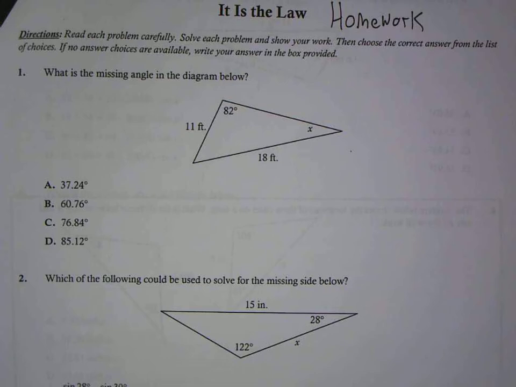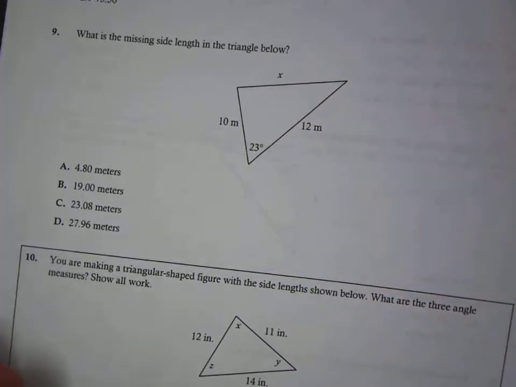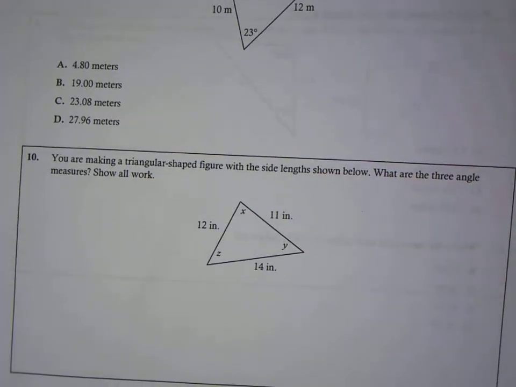I don't want you to solve any of them. I just want you first to decide. I would go through these 10 problems and then decide, and that's 2 pages front and back, just so you know. And decide, are you using law of sines or law of cosines, and set up the problem. And then tomorrow I'll teach you how to solve these ratios, proportions.